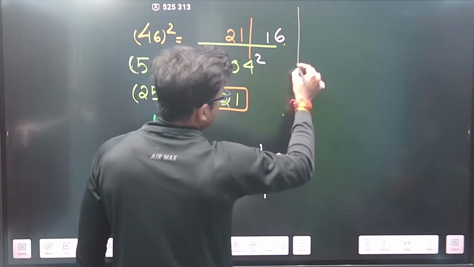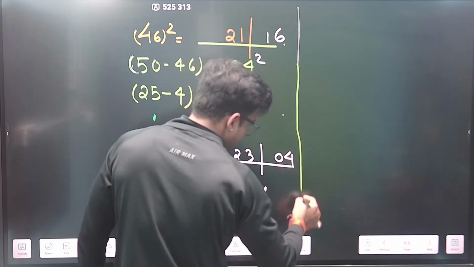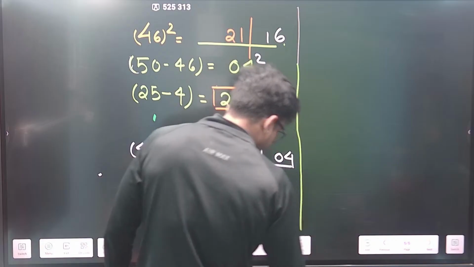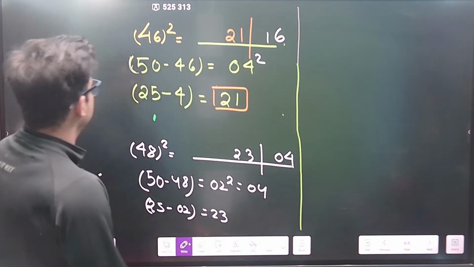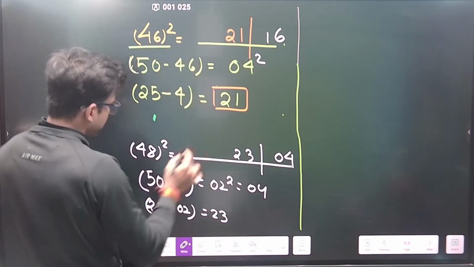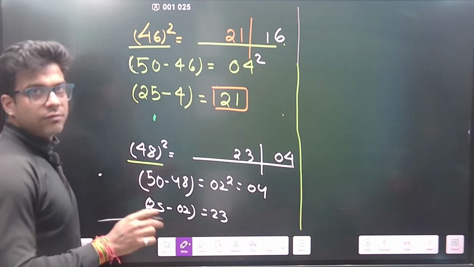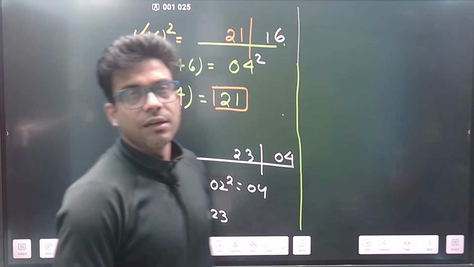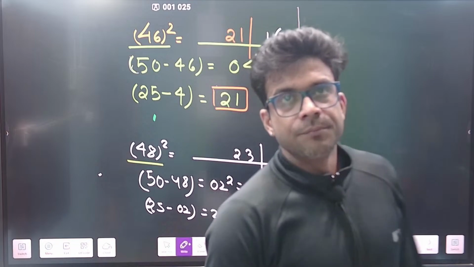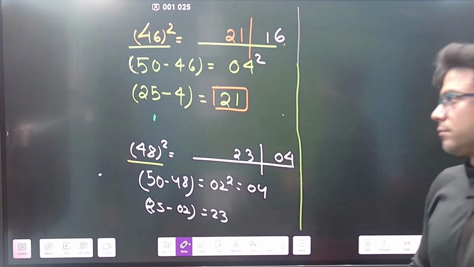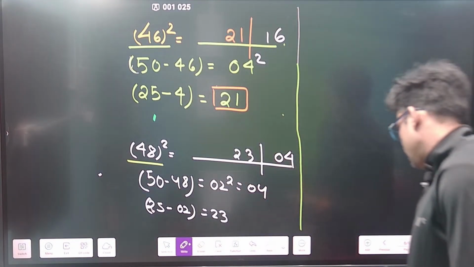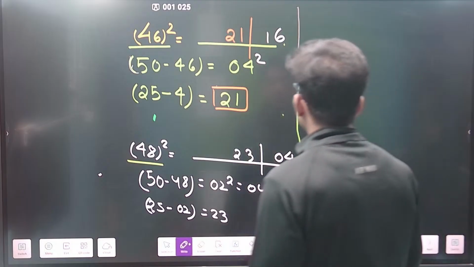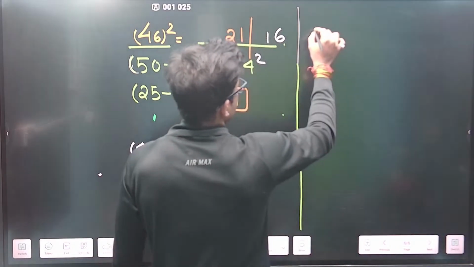These are the base rules, okay? So let's go for the second question. We figured out 46 ka square, then 48 ka square, and like that. So let's figure out 43 ka square. How can we figure out 43 ka square?